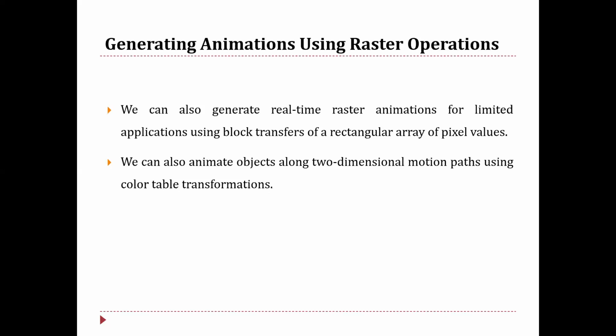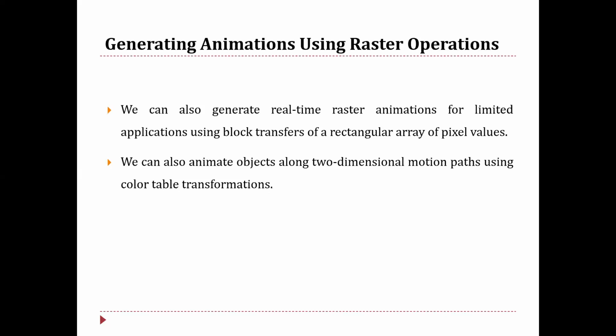So what we are trying to say here is, in order to generate animations, you can create it for limited applications using the block transfer, or you can make use of the color table transformation. Both of them hold good for the generation of the animation.